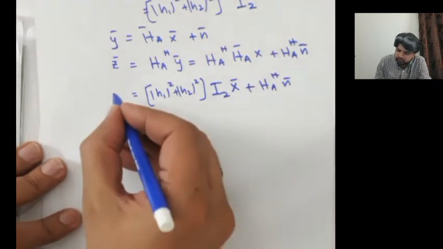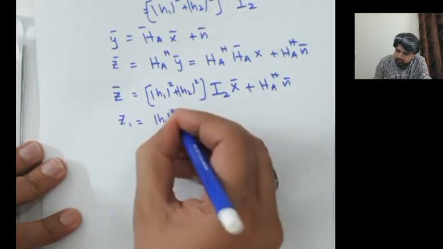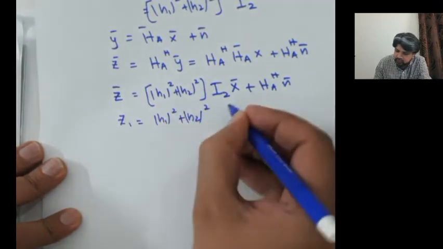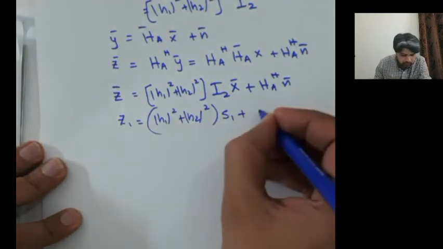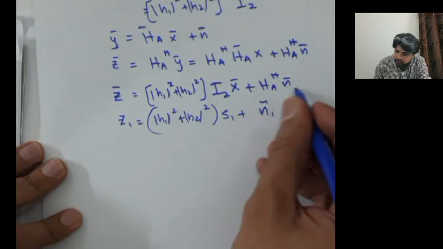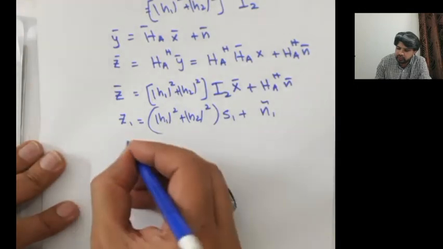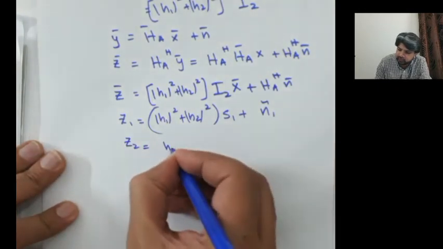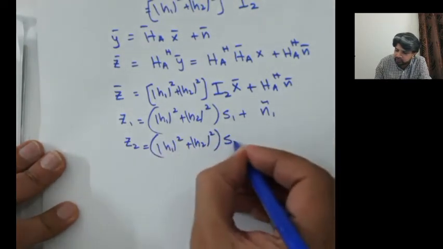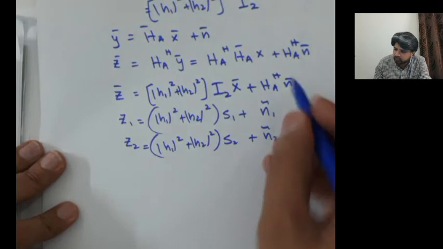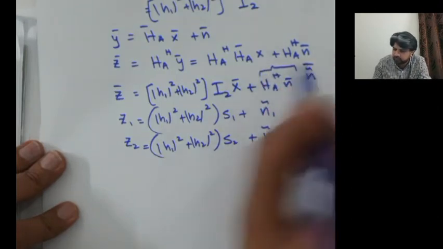So that would mean that your Z1 would be equal to H1 mod squared plus H2 mod squared times S1 plus N1 tilde, where N1 tilde would be the first element of this vector, HA Hermitian times n, and your Z2 would be nothing but H1 mod squared plus H2 mod squared times S2 plus N2 tilde, where this vector we are calling the N tilde vector.